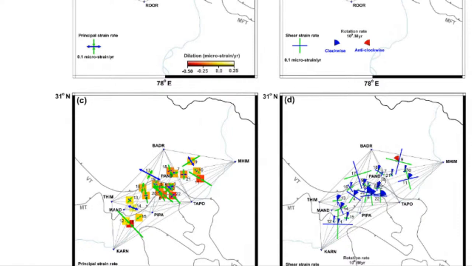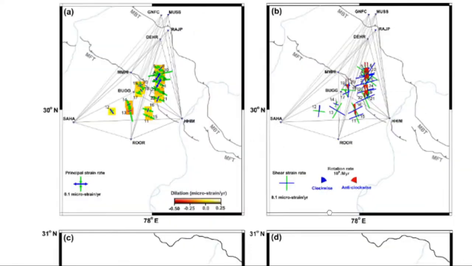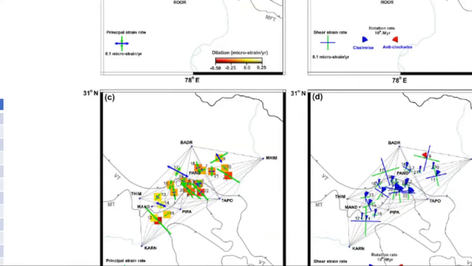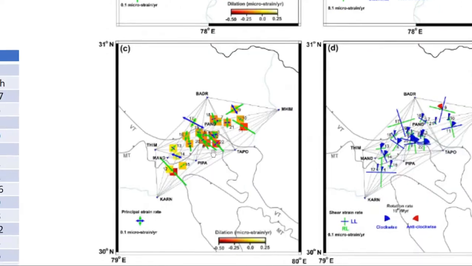And also one more finding is that this is having a clockwise motion. So this Higher Himalaya is going in clockwise motion, and this part is going in anti-clockwise motion. And also this dilatation and principal strain rate is high as compared to the Shivalik and Indo-Gangetic Plain.